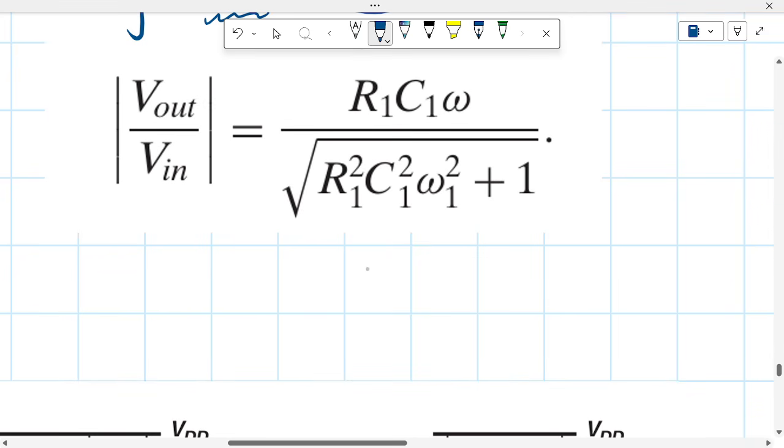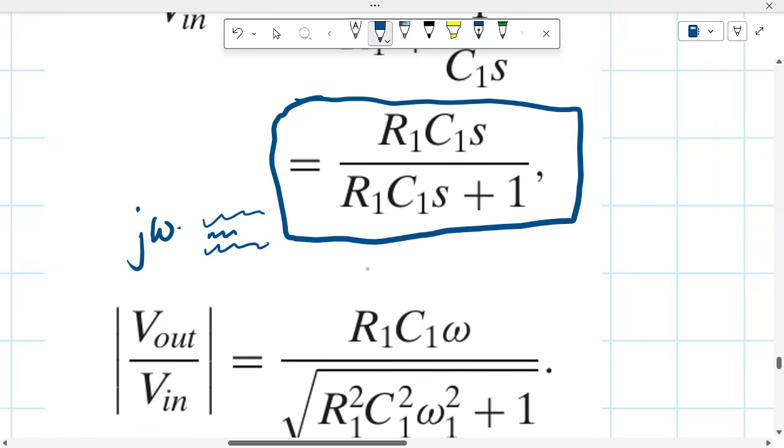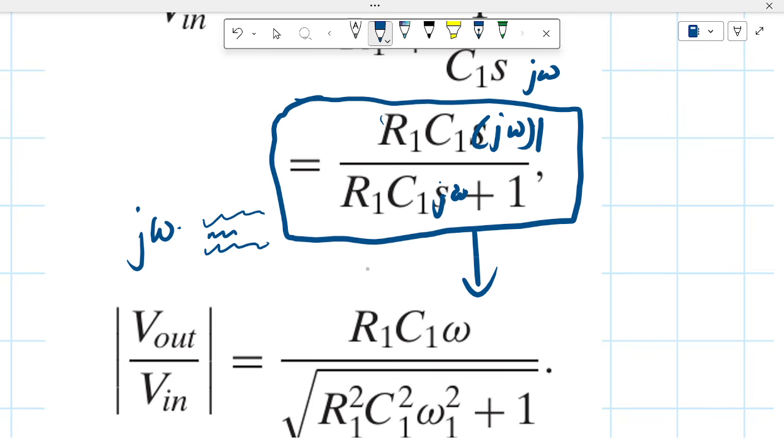Now, studying the sinusoid, that's replacing this S with j omega and finding the magnitude, we are going to end up having this relation, because you would square everything here and also find the square root throughout.